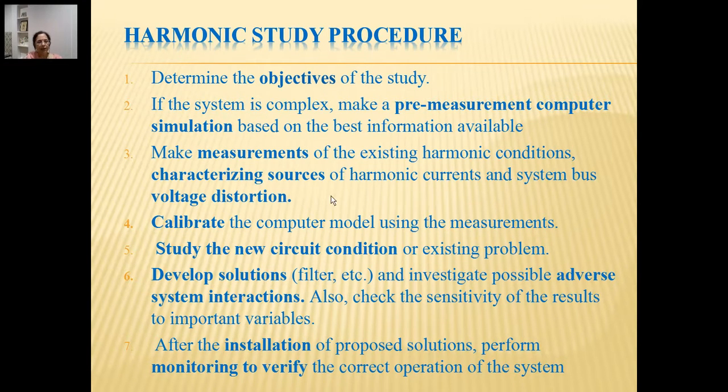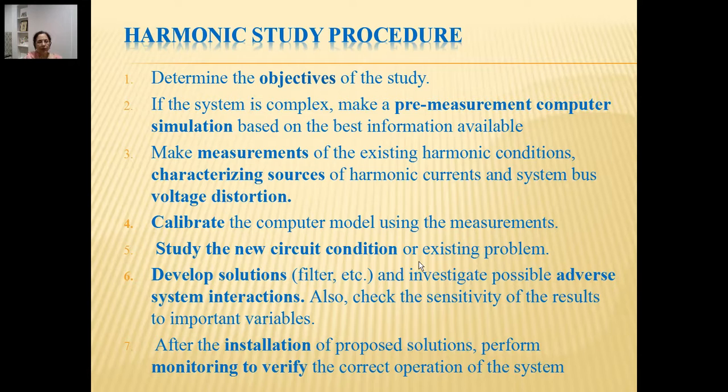These measurements are required to be taken. Calibrate the computer model using the measurements. This is for the simulation model: by putting actual measurement readings in it, we can calibrate it for correctness. Study the new circuit condition or existing problem.